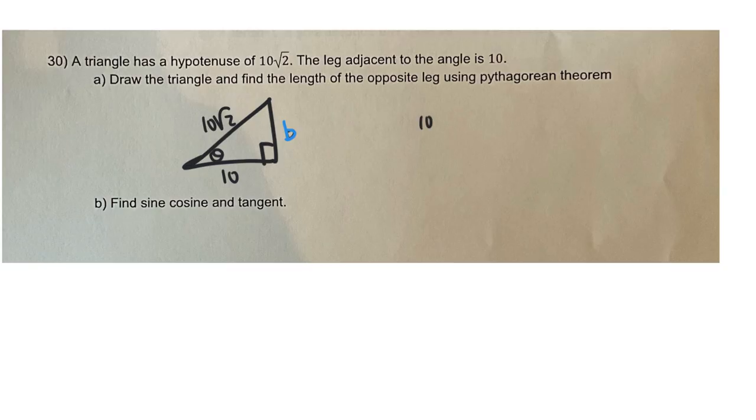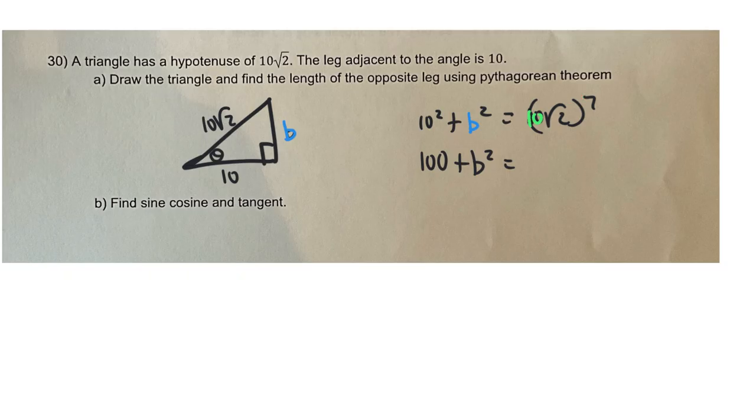Okay, cool. 10 squared plus B squared equals, careful, whole quantity squared. Okay, there's a 10 in there. So that's 100 plus b squared. Now, when you square a product, like a clump of multiplication being squared, that exponent of 2 gets applied to the 10, and the exponent of 2 gets applied to the radical 2.